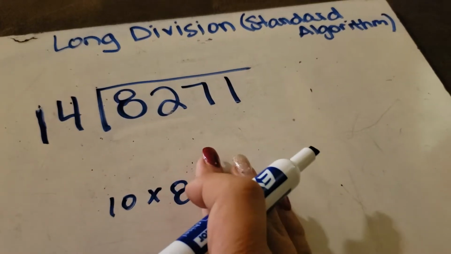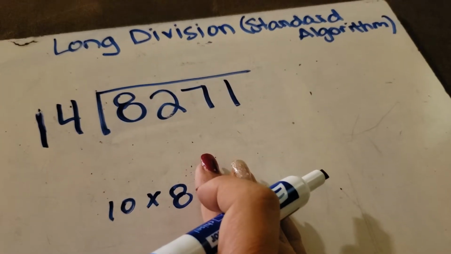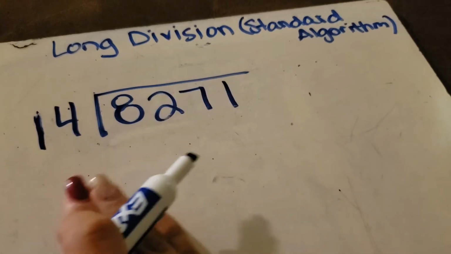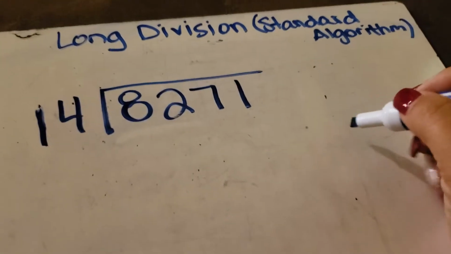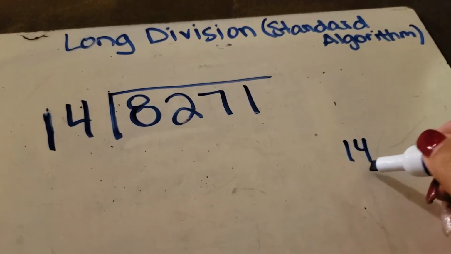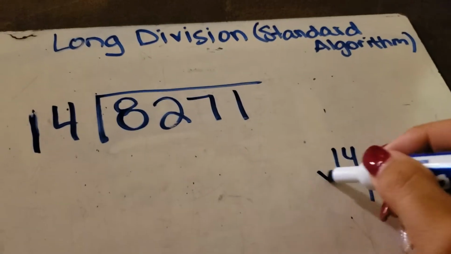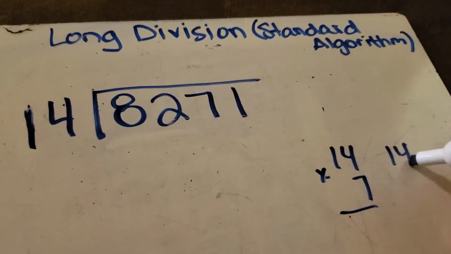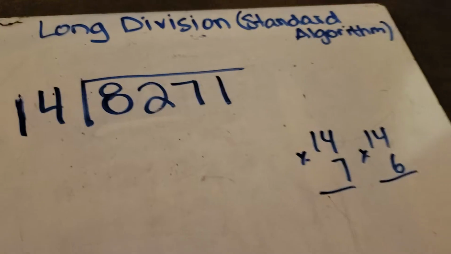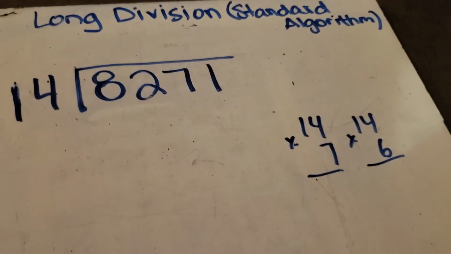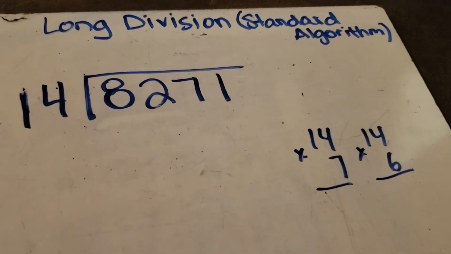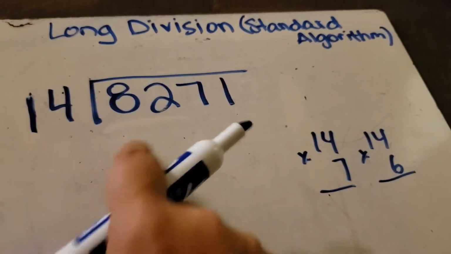And so using that, I would maybe go down and try 14 times 7, or even 14 times 6. Do a little bit of side work to come up with that. Those are definitely methods that I could use to get close to here.